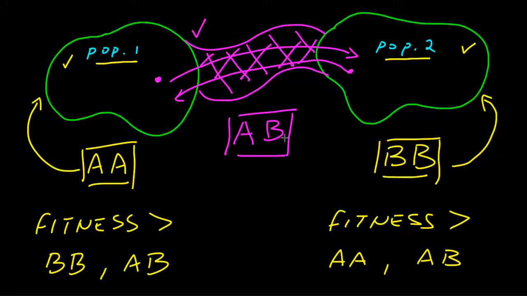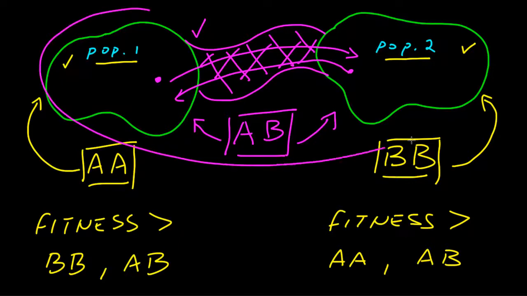By virtue of connecting this landscape, we have increased the amount of heterozygosity in this whole population. But what's the problem here? The problem is that AB is not particularly well adapted to this population or this area, and it's not particularly well adapted to this population over here or this area. So from an overall population perspective, now that we have connected these two areas, what we see is that there now is a depressive effect on the fitness of this whole population.